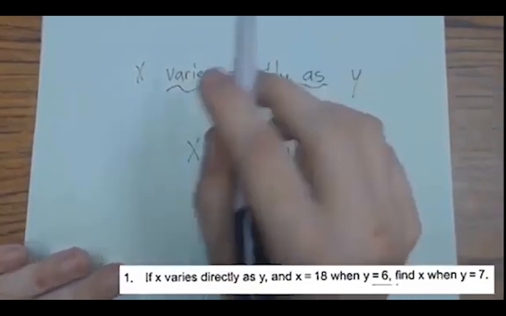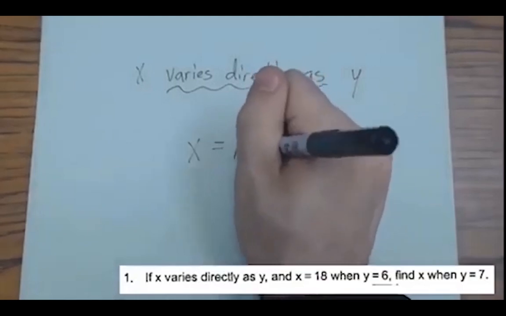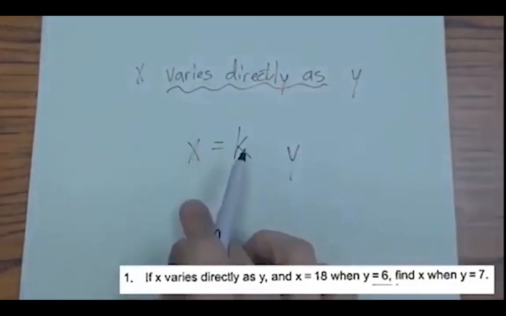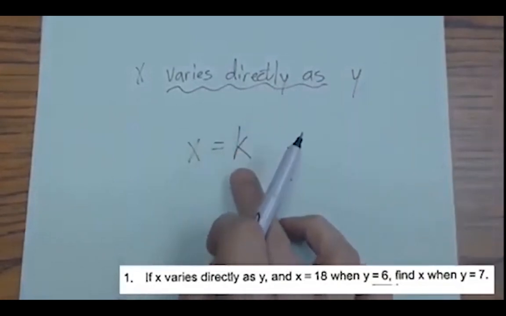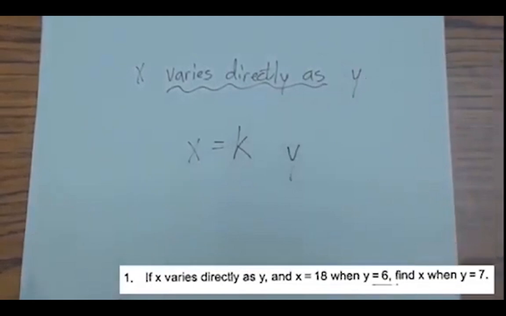When we see a variation statement, we need to have something about our constant of proportionality k. So it's not just equals, it's equals k. X equals k, and for direct, we multiply y.